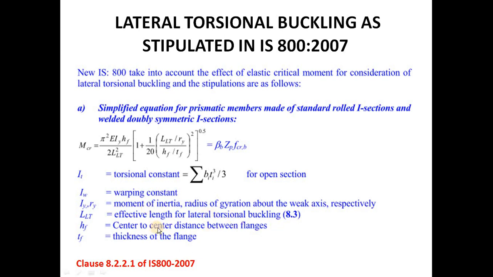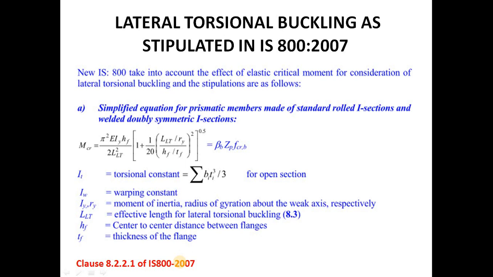HF is the center to center distance between the flanges, and it is not the total depth. Remember, it is the center to center distance between the flanges, and TF refers to the thickness of flange. Most of these can be found from the steel tables. This is as per clause 8.2.1 of IS 800-2007.